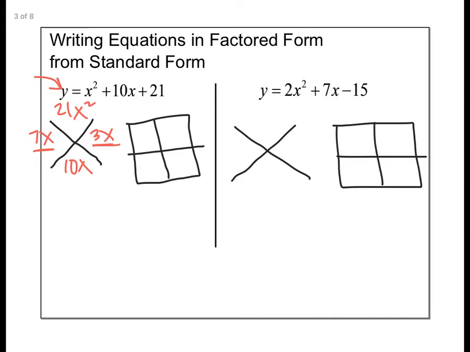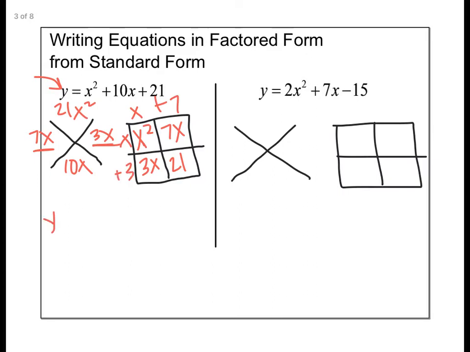So going back to my original equation, the x squared goes here, and 21 goes here, and 7x and 3x will now fill the last two spots. To get x squared, I would have to multiply x times x, and then x times 7 would give me 7x, and x times 3 would give me 3x.